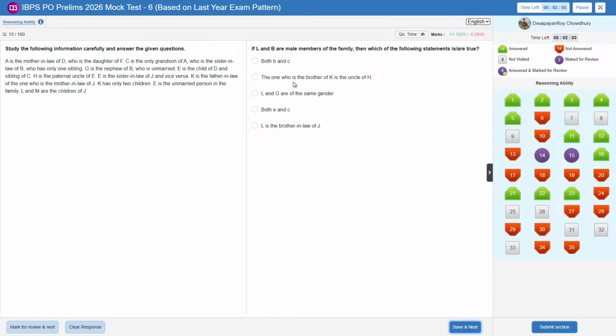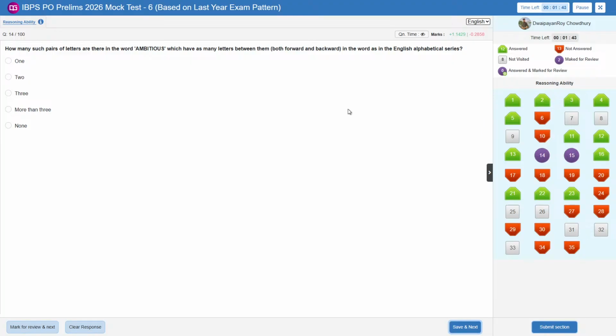The one who is the brother of K is uncle of H. Yes. L and G are of same gender. So I think both B and C. L is brother-in-law of... I think I should do these questions only.